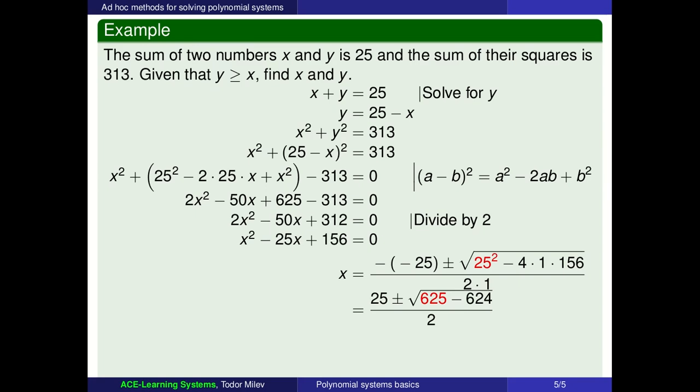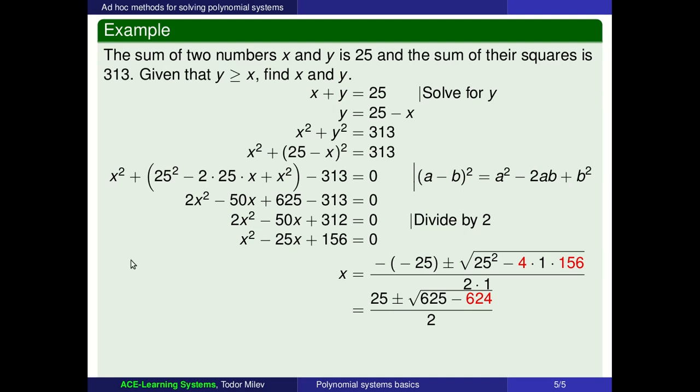25 squared, well, we already computed that 25 squared is equal to 625. And 4 times 156, well, 4 times 150 equals 600. 4 times 6 equals 24. So altogether 4 times 156 equals 624.